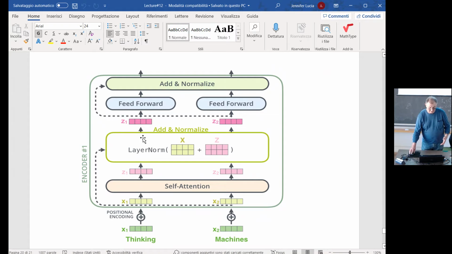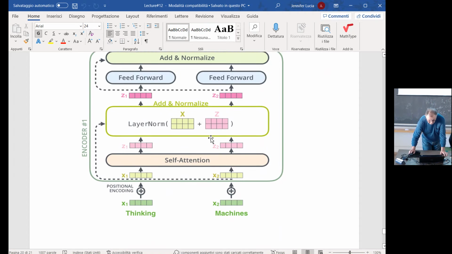Then we elaborate Z1, Z2 like the output. It is other vectors, with other coefficients. Then feed forward layer, neural net. Yes, for the last layer to normalize, for normalization. I told you what is the name. Softmax.